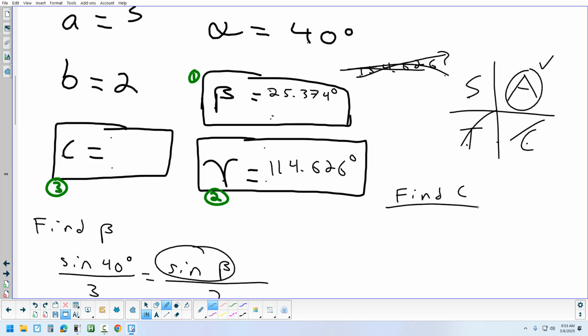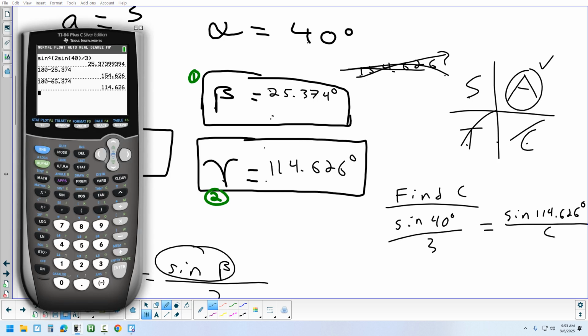So to find C, we can use law of sines. We're using A, and definitely the top row because it was given: sine 40 over 3 equals sine of 114.626 over C. And now we just cross multiply.